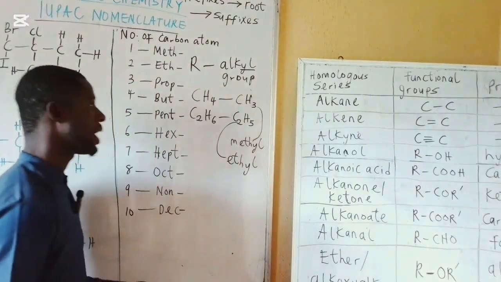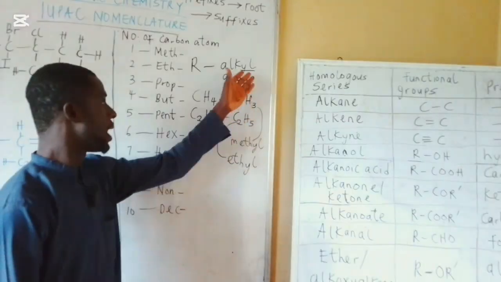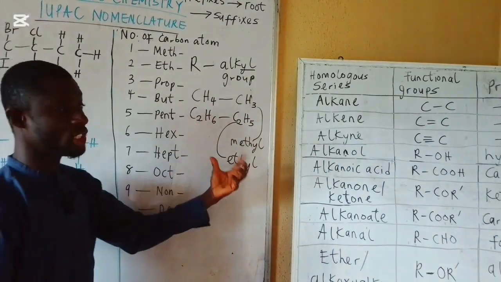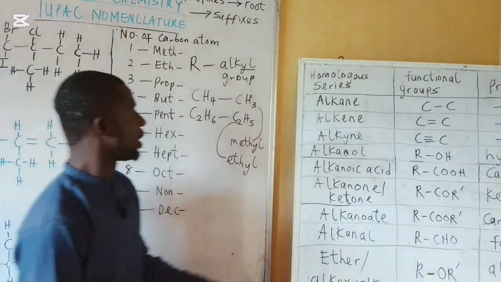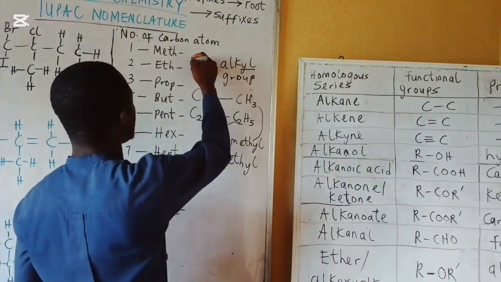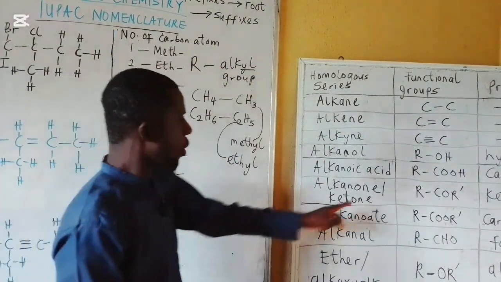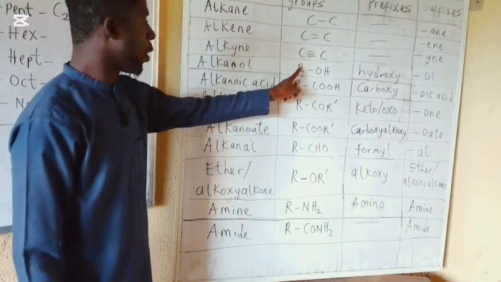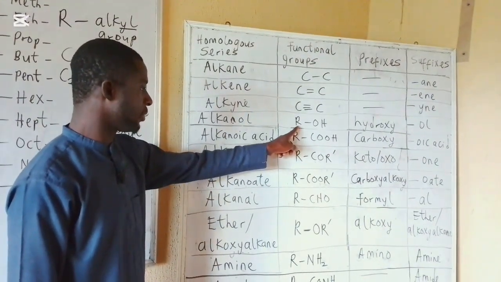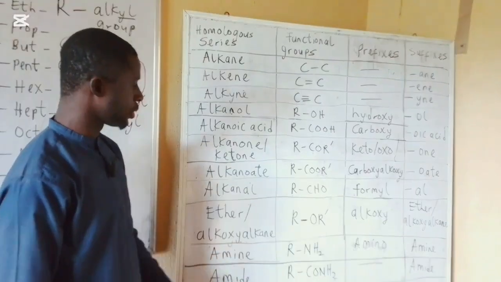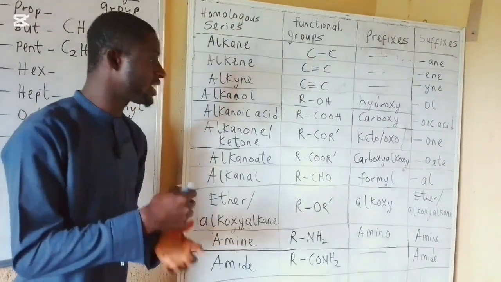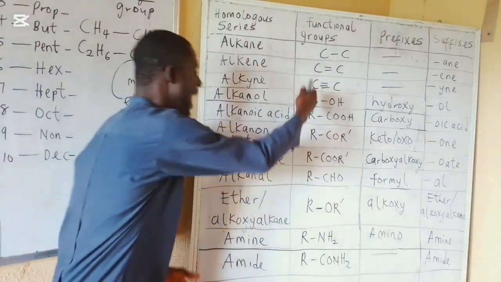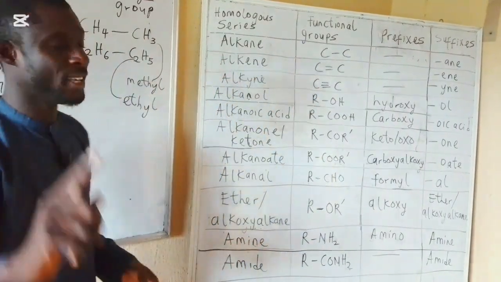That's how our alkyl group is formed when an alkane member loses one hydrogen. And I said the symbol for this alkyl group is R. So what you are seeing here is an alkane that has lost one hydrogen. That is the meaning of R. It's an alkyl group, so it depends on the alkyl group present in that organic compound. Anytime you see R, we are talking about an alkyl group.